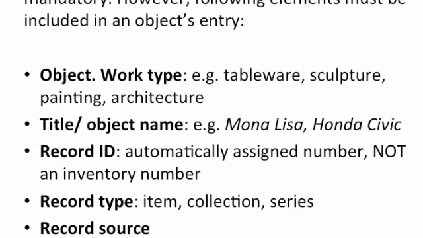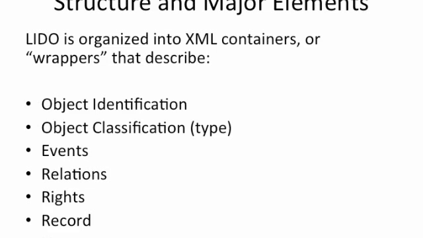The record type, the item, collection, or series that it belongs to, and then the record source, which deals with provenance.